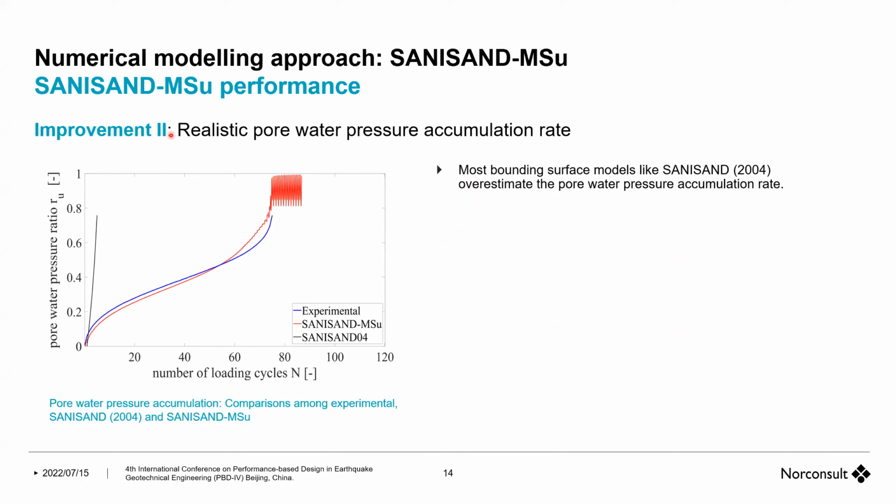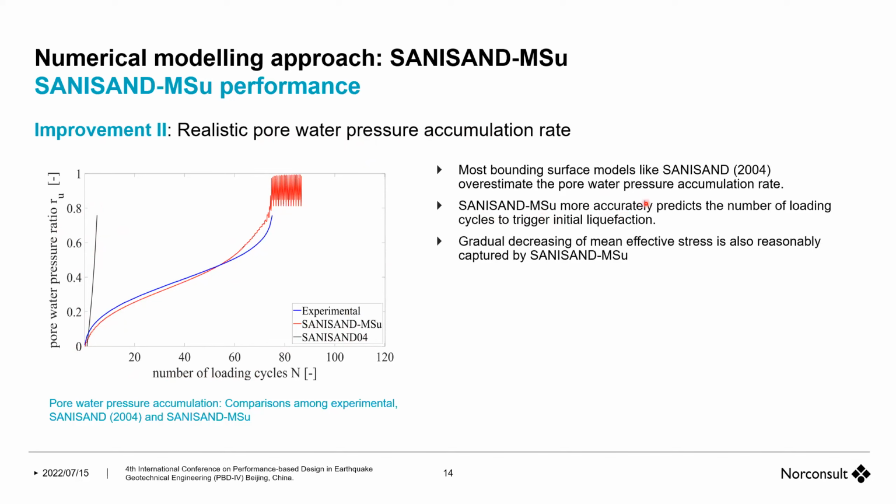And improvement number two is realistic pore water pressure accumulation. This is what you will get with the classical SANISAND from 2004. The rate is very fast. Liquefaction happens very quickly. And as you can see, experimental data shows the blue curve. It takes more load cycles until liquefaction happens. And this is what you will get with the advanced model.